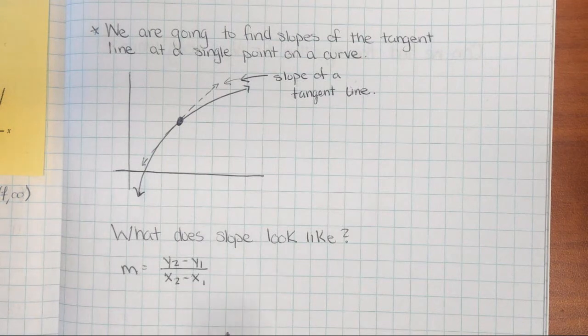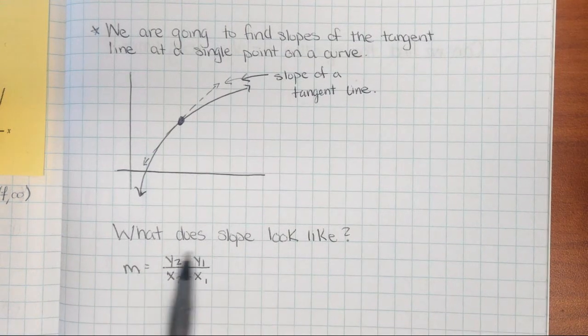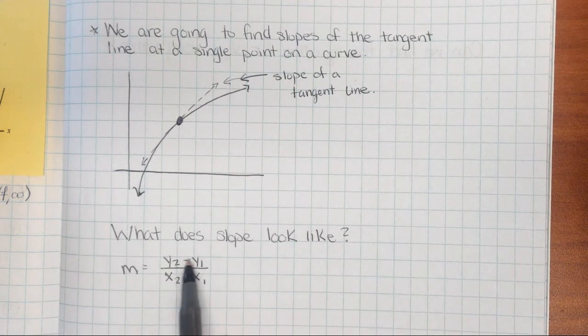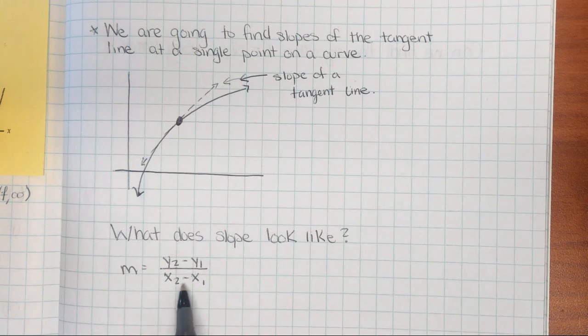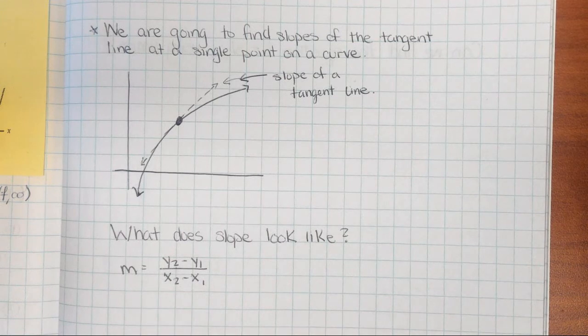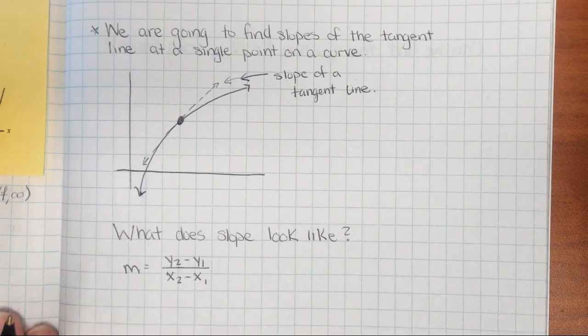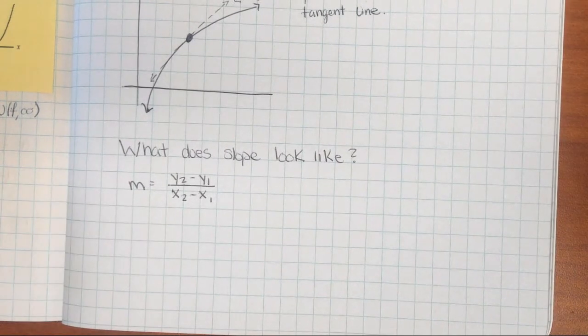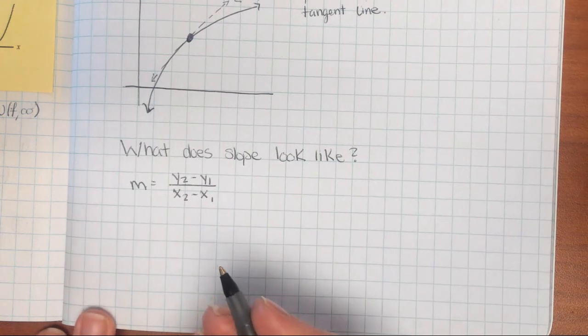So before we even begin, it says, well, what does slope look like? Well, in algebra, it looked like this equation, y2 minus y1 all over x2 minus x1. Before we could really define it down to these simplistic terms, we used limits to define slope. Okay? And how we are going to define it using a limit is going to look a little something like this.